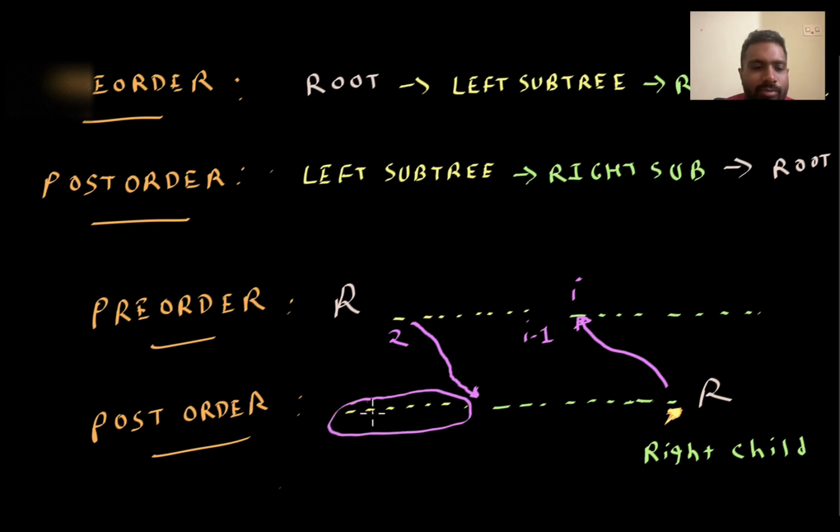This is the post-order traversal of the left subtree. This is the pre-order traversal of the left subtree. This is the pre-order traversal of the right subtree. This is the post-order traversal of the right subtree. So indexing, visually you can understand. I am not writing the indexes.